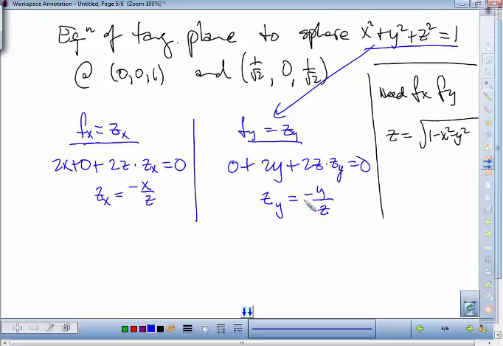So here we have the derivatives that we want will work as our fx and fy, but remember that formula kind of looks like this. I don't know if we use z or lx or something.